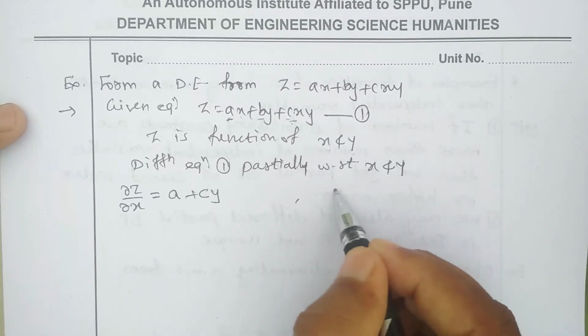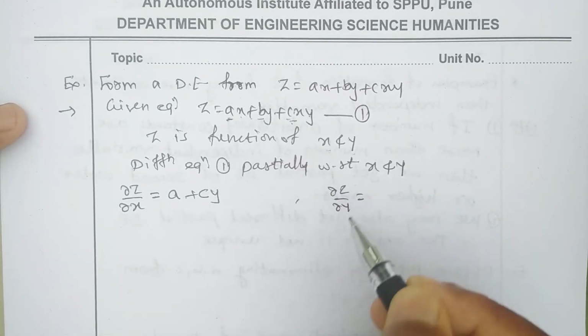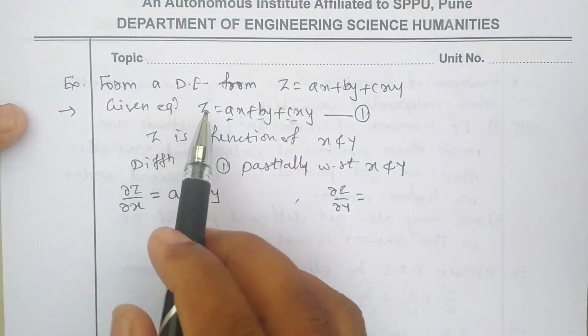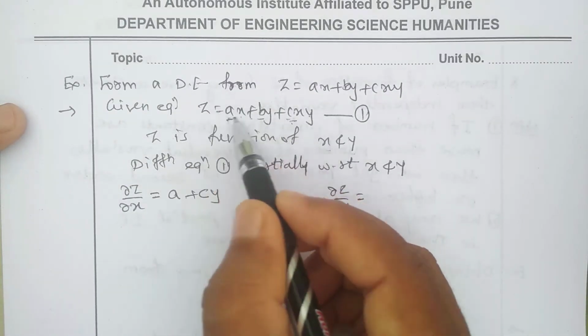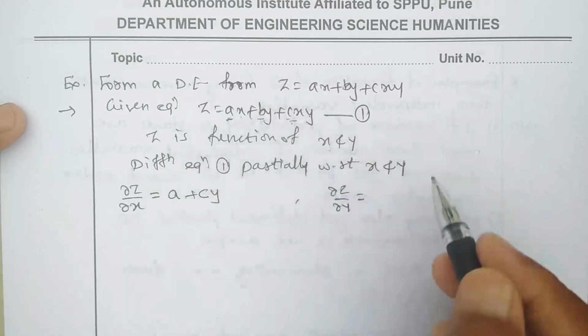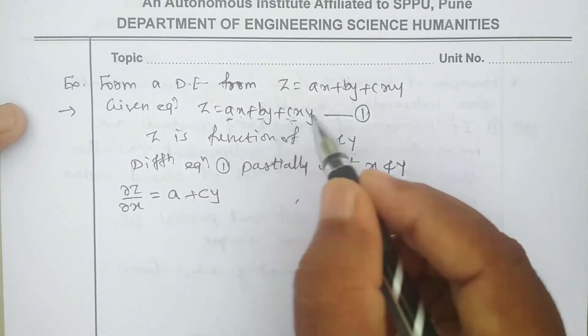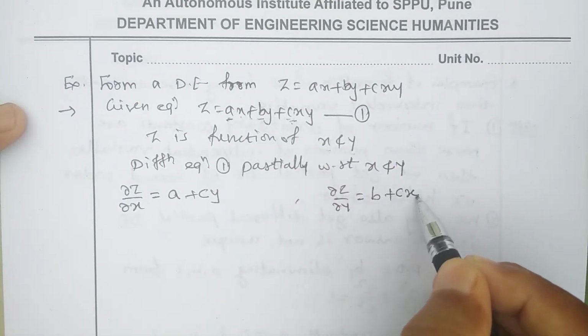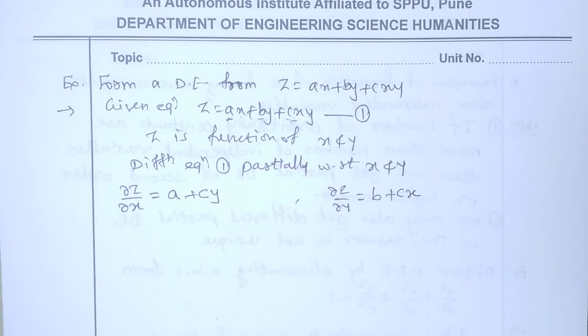Similarly, what is the value of ∂z/∂y? If you differentiate with respect to y, ax is a constant term, derivative is 0, derivative of by is b, and derivative of cxy is cx.